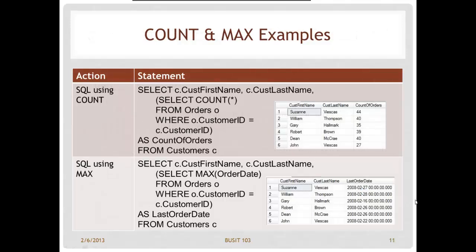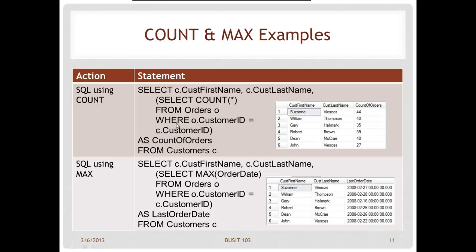Here's a couple of examples, one using the COUNT and one using the MAX aggregate function. This first one, we know that it's going to run what's inside the parentheses, which is the subquery. So it's going to count all of the orders where customer ID equals customer ID in the order table and the customer table.